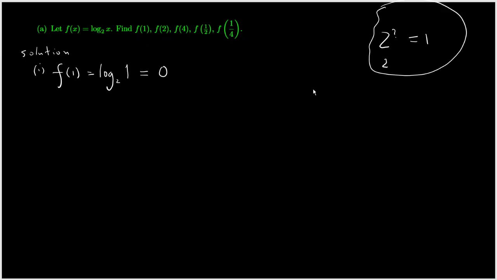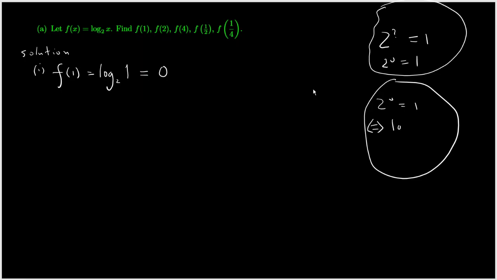Because 2 to the power of 0 is equal to 1. Actually, that's how we define the log. In exponent form, 2 to the power of 0 equal to 1 is equivalent to log to the base 2 of 1 is equal to 0. These two forms are the same. This is the log form representing the same thing. That's how we define the log.